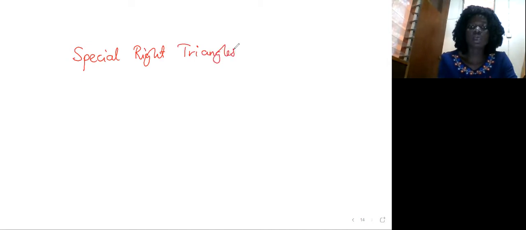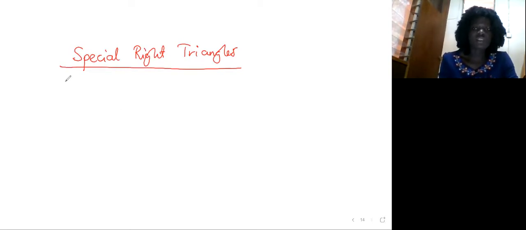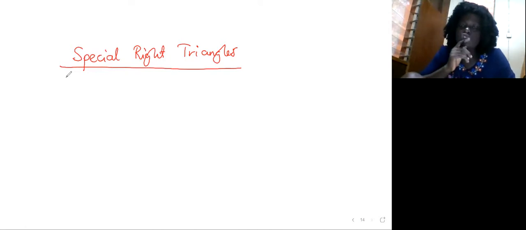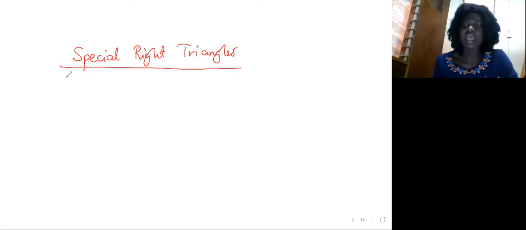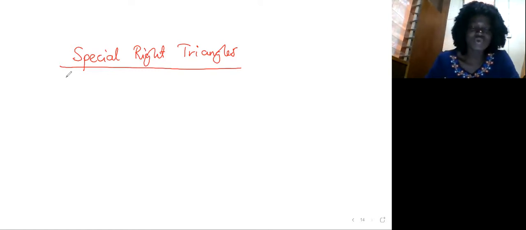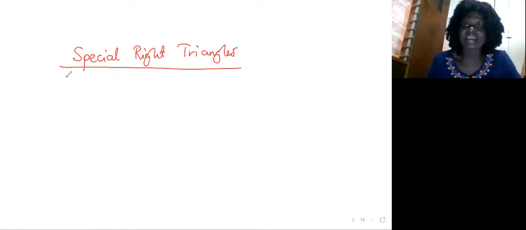Special right triangles. Okay, so the first one I'm going to talk about, if you go back to our previous lessons, I proved them for you. So I'm just going to summarize it over here and you go back for the proof, okay?